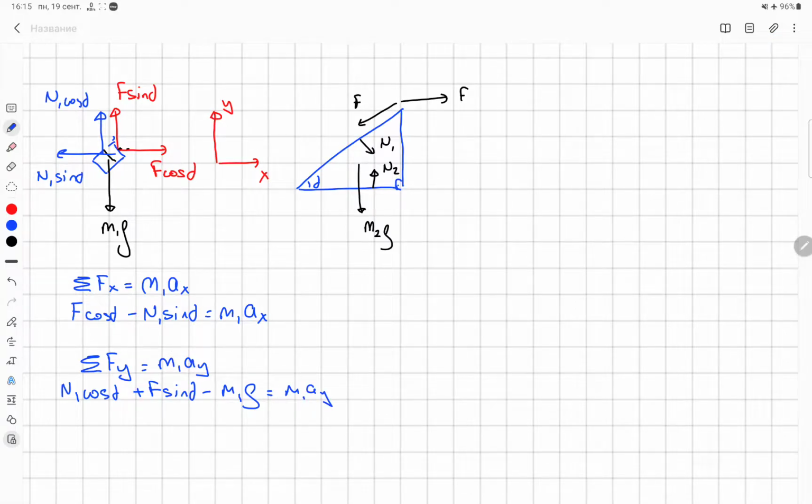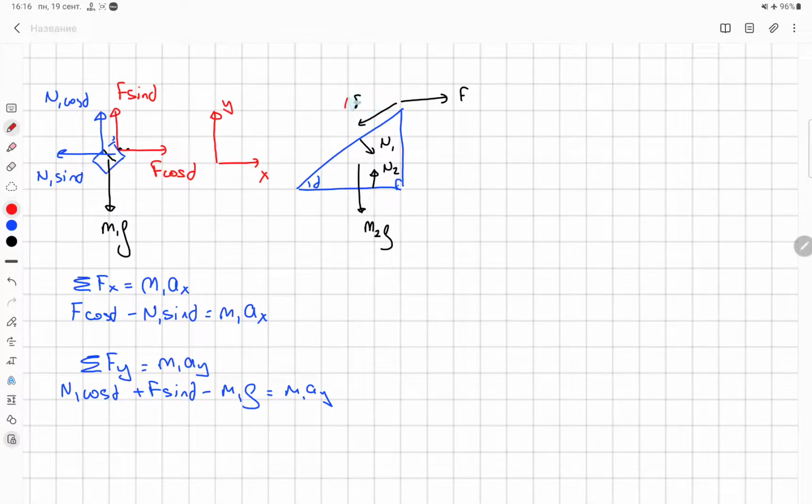Now let's come to the second object, the inclined plane. We know that it will move only in the horizontal direction and to the right. So we can apply Newton's second law, F equal to ma, only in one horizontal direction. First of all, we should determine all forces in the horizontal direction.